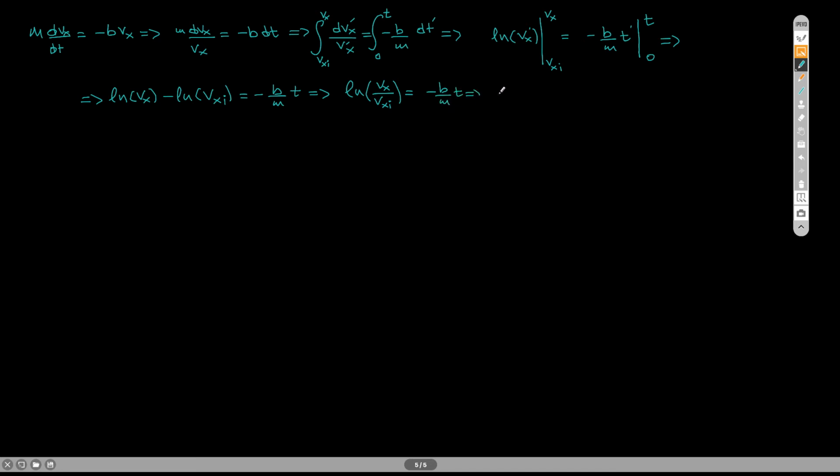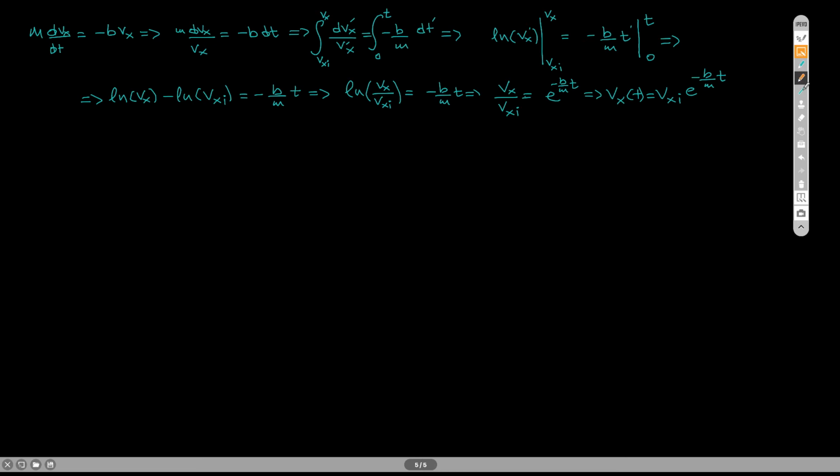Now I will get rid of the natural log, so I will have Vx over Vx initial, and to get rid of the natural log, I need to do e to the minus b over m t. And I'm going to solve for Vx. This is Vx as a function of time, equals Vx initial e to the minus b over m times time.